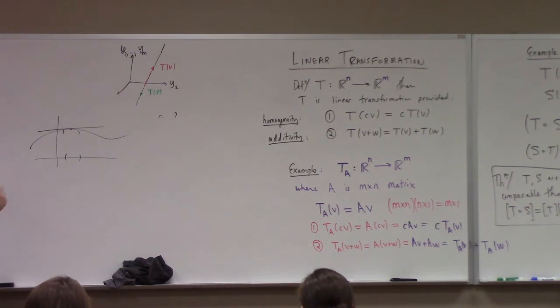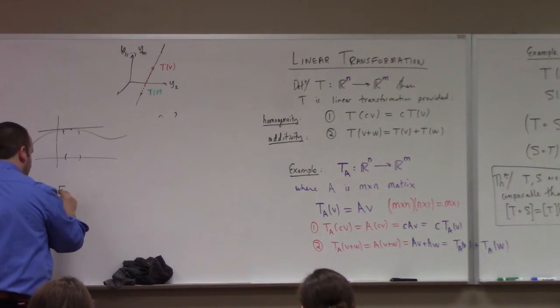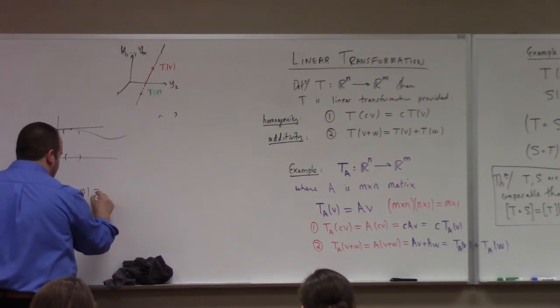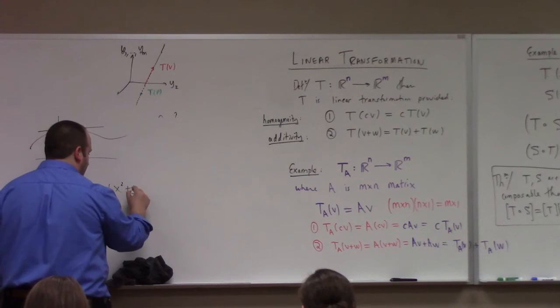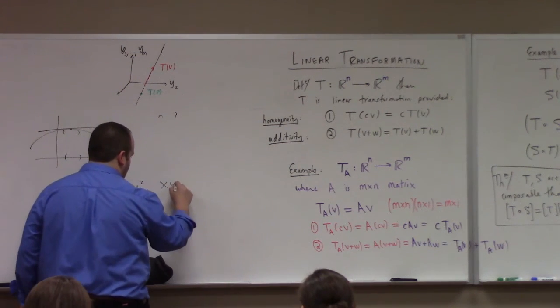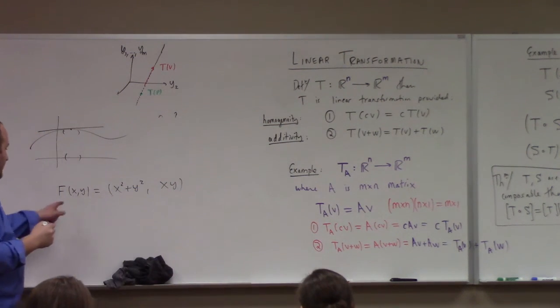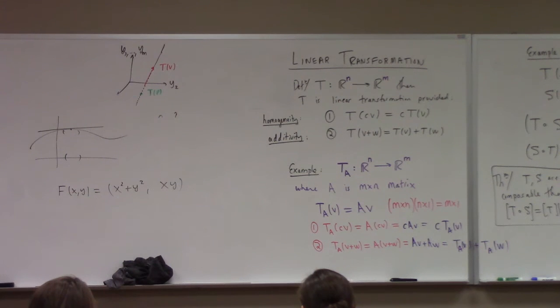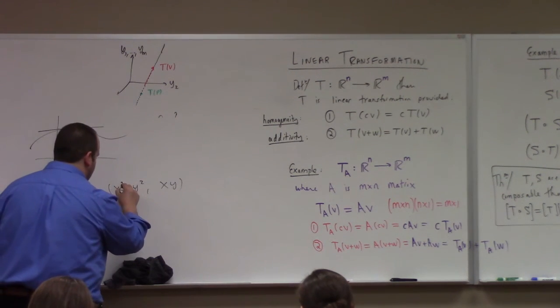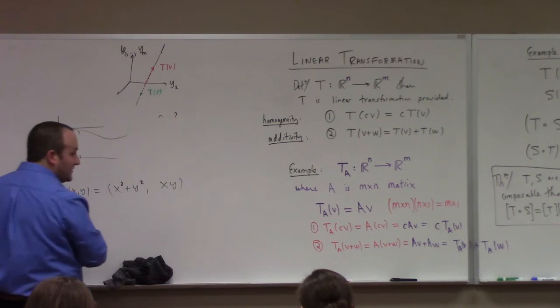So if I have something like a function of x and y, say it's equal to x squared plus y squared and then xy, and I want to approximate this function, is that a linear function? That is not a linear function. You cannot write this by matrix multiplication of a vector of unknowns.